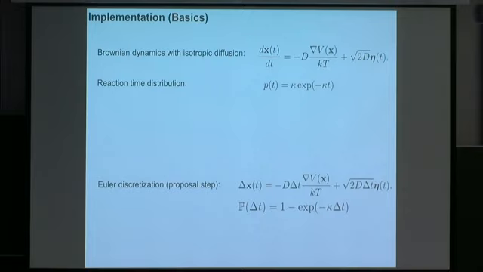We do Brownian dynamics with isotropic diffusion. We have a reaction time distribution in each time step. So we have to choose a time step small enough, fast compared to the fastest reaction, the largest reaction rate. And then we discretize this stuff.